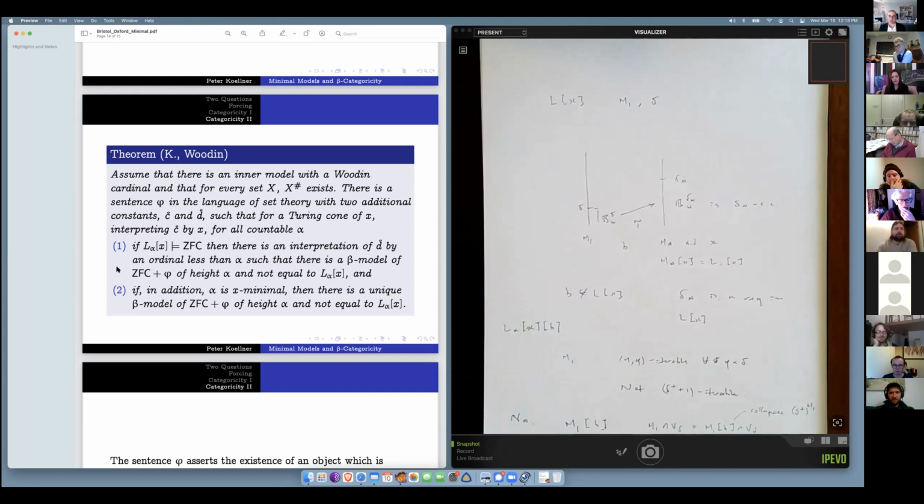So the statement that a theory is beta categorical for the countable regime is a Pi 1-2 statement. So yeah, I think really one would like an analog of V equals L for as far as you can go.